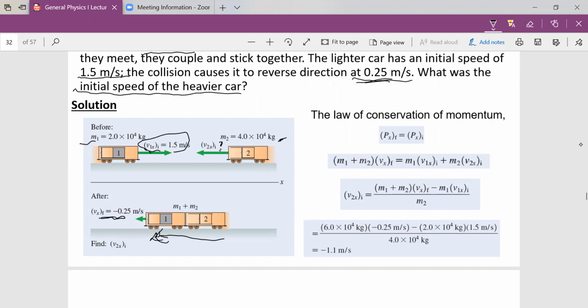Okay, so coming from the law of conservation of momentum, which we stated as this, that the momentum at the final is equal to the momentum at the initial. And how did we arrive at this? We stated that the total momentum of an isolated system is constant. That is, the change in momentum is equal to 0.